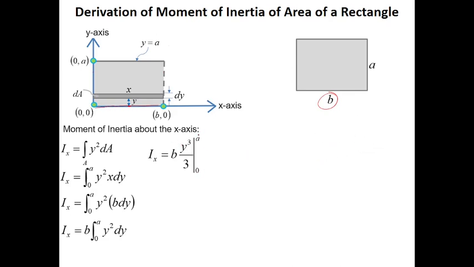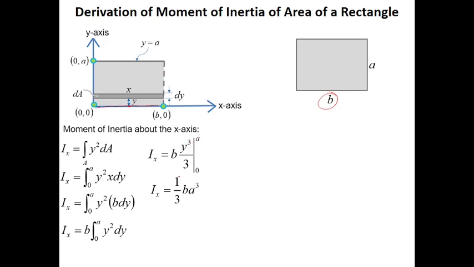So, b y cubed over 3, limits from 0 to a. Then, substitute the upper and the lower limit. Kaya magkakaroon tayo ng, ano yung b natin? Yung b natin ay b. Okay. So, 1/3, substitute the upper limit, a.